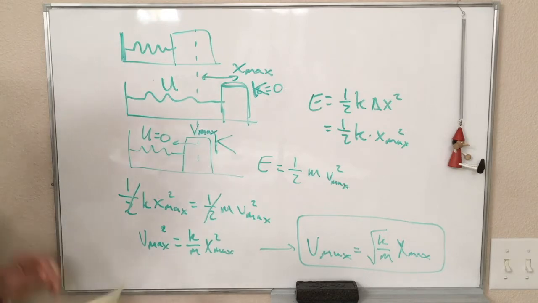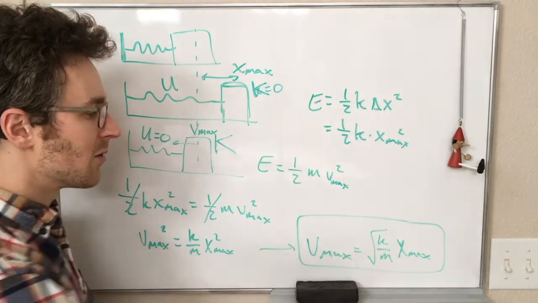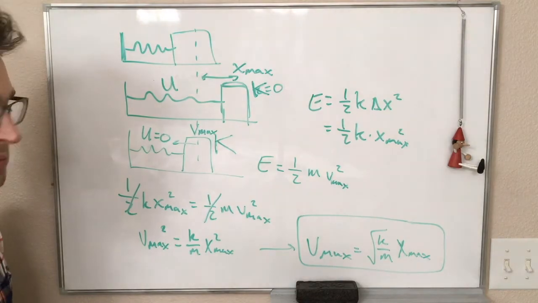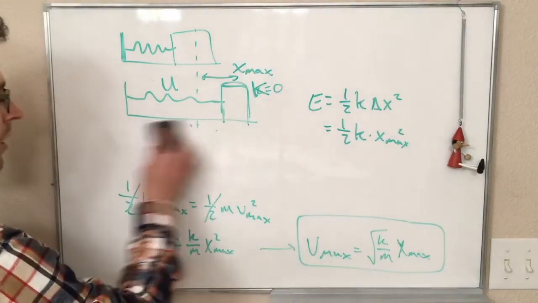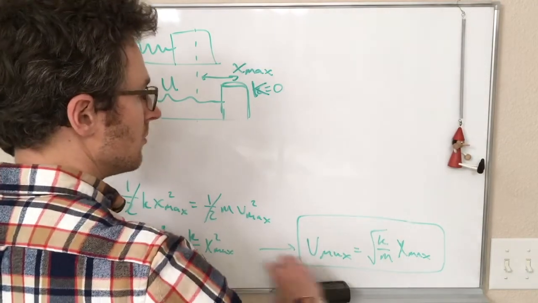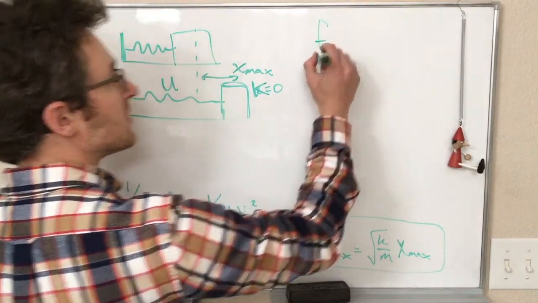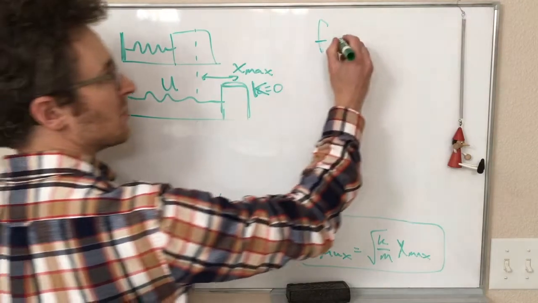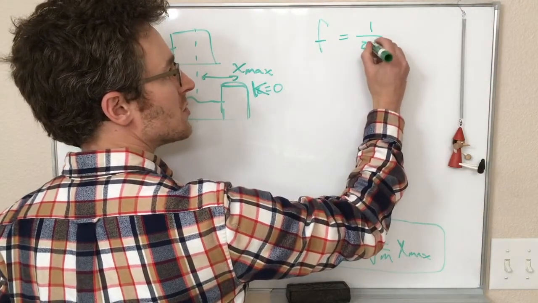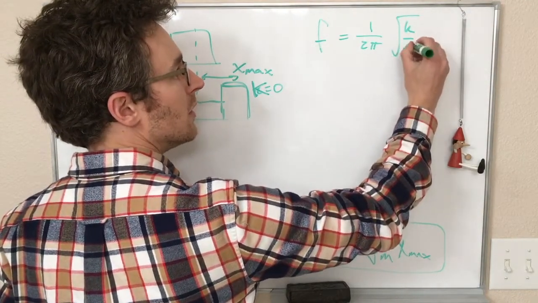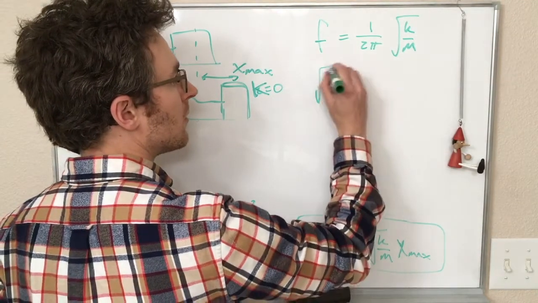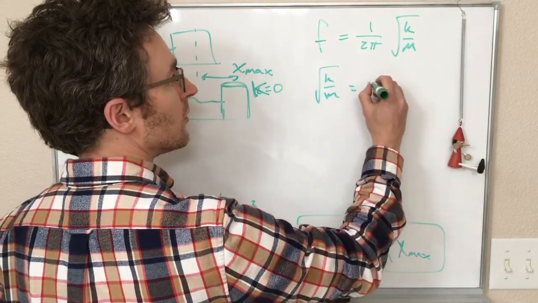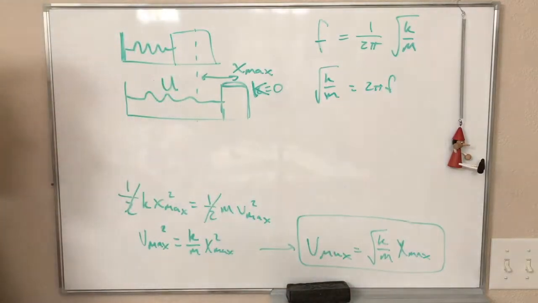We might see that this square root of k over m looks familiar, right? This is not the first time that's shown up in this class. In fact, if you remember, the frequency of oscillation of this system is 1 over 2 pi root k over m. So root k over m is equal to 2 pi times f.